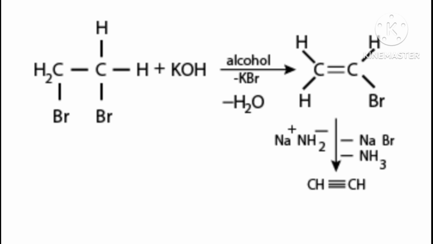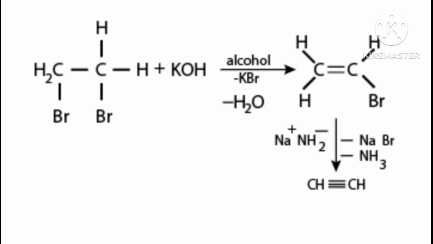Then what will happen? Due to this increase of s character, this alkyne will show acidic character. See, basic character means loss of electrons. Basic character means any molecule can donate electrons, as for example NH3, where N has a lone pair of electrons and it can donate.